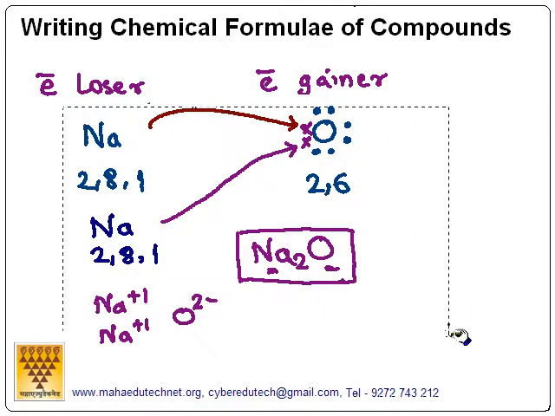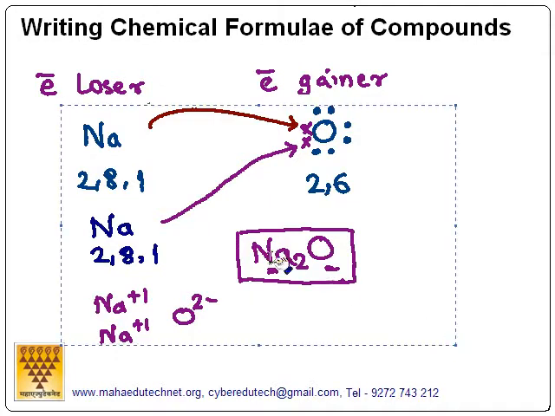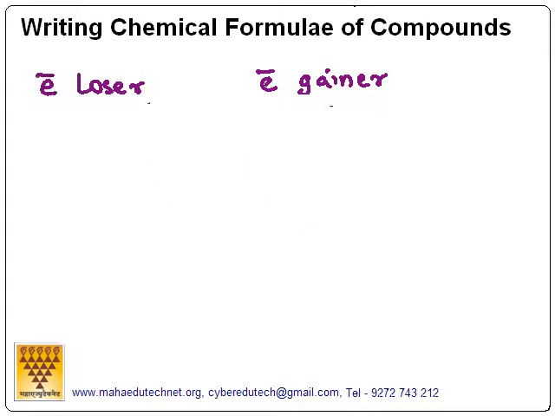Now let us consider another case in which an aluminium atom comes into contact with a chlorine atom.